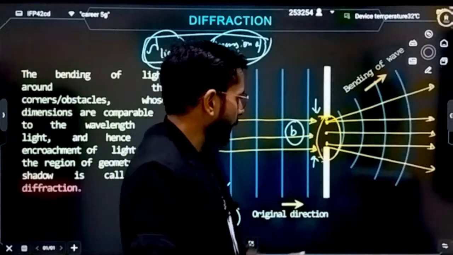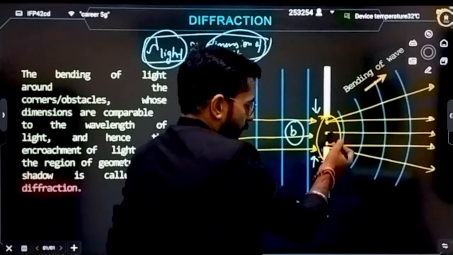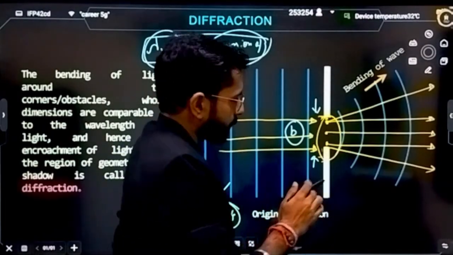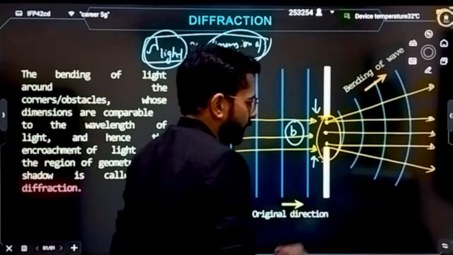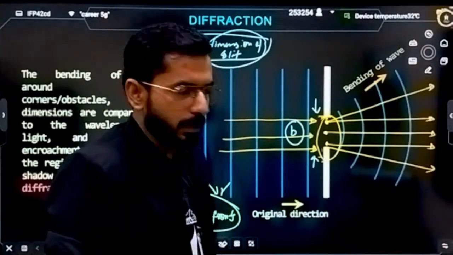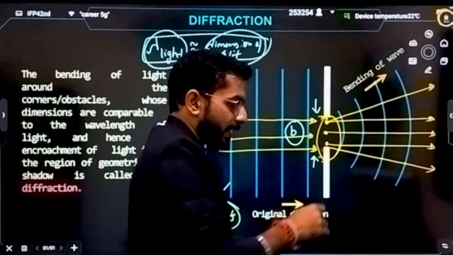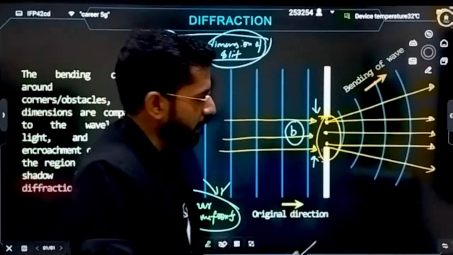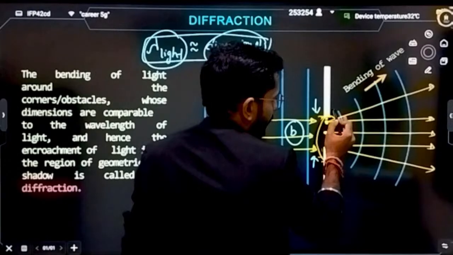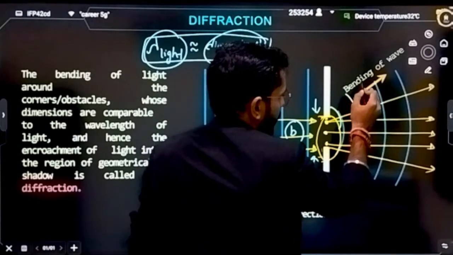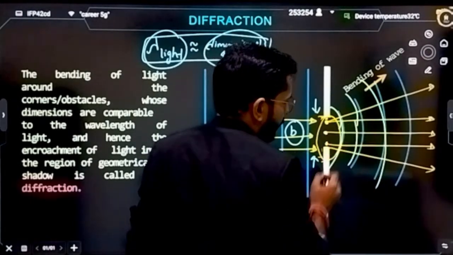If planar wavefronts are coming, then when they reach this slit, some secondary wavelets will be there, and what you have understood is that all these will behave like new sources. Let's suppose I am considering 3 points; all these points will behave like new point sources, and they will make their own wavefronts.